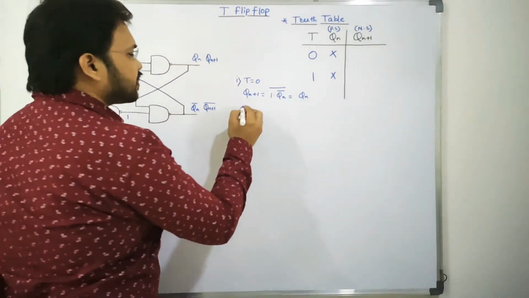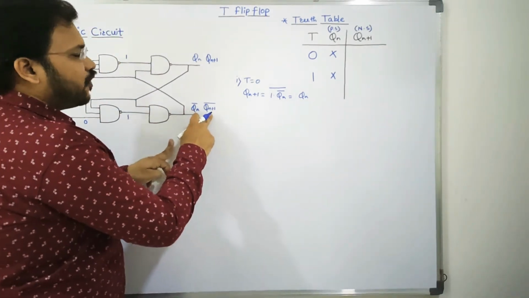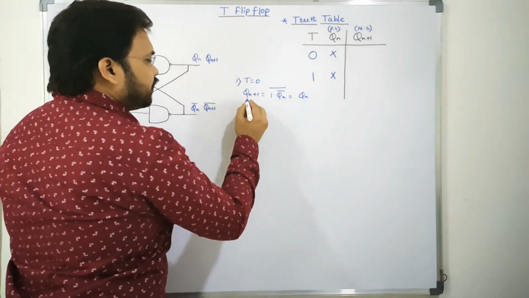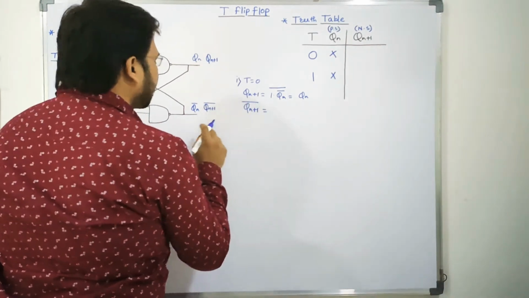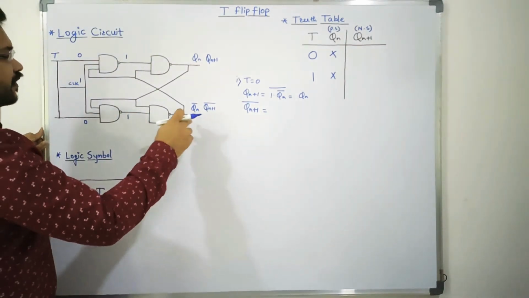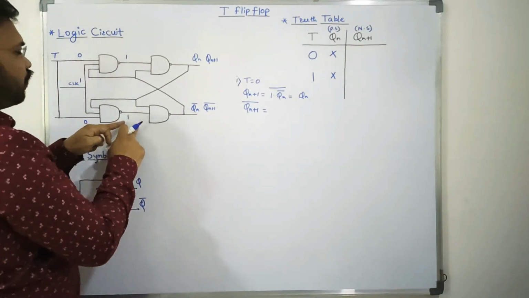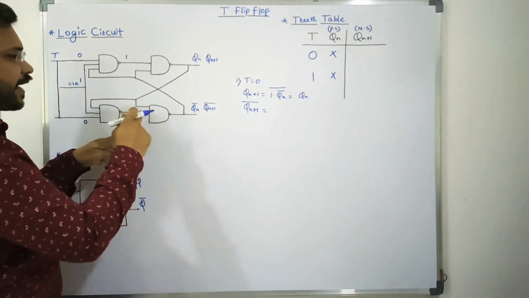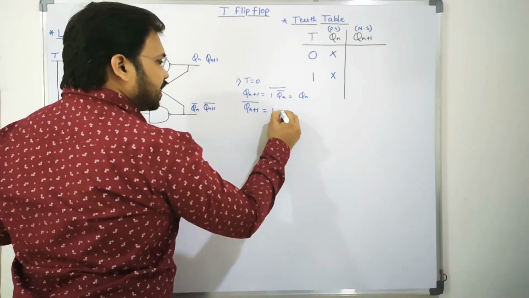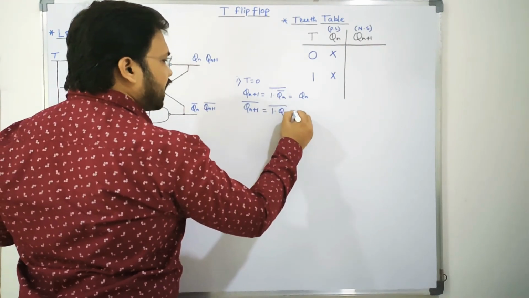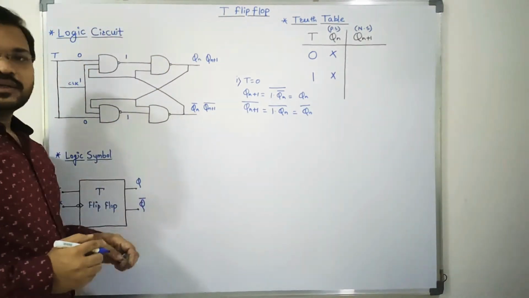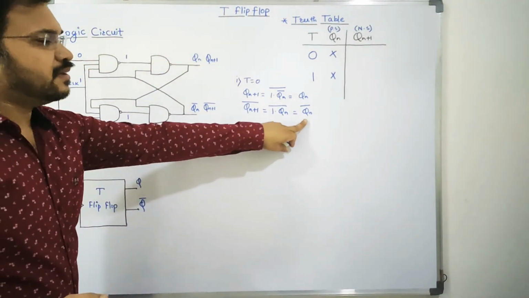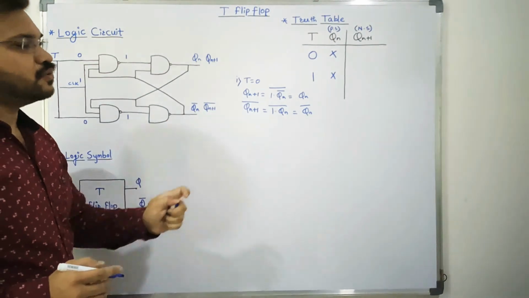Next, if you want to find the value of Qn plus 1 bar, which is unknown, here we are having 1 into Qn whole bar, which is Qn bar. So this is Qn bar for T equal to 0.